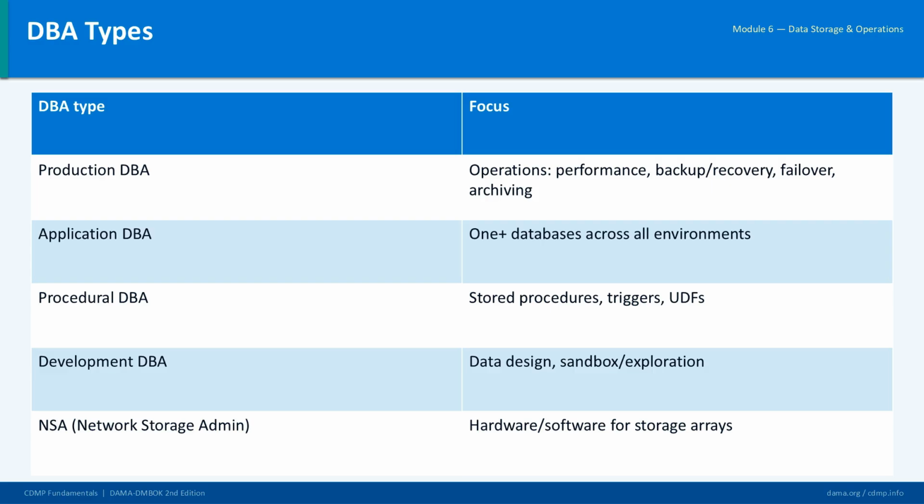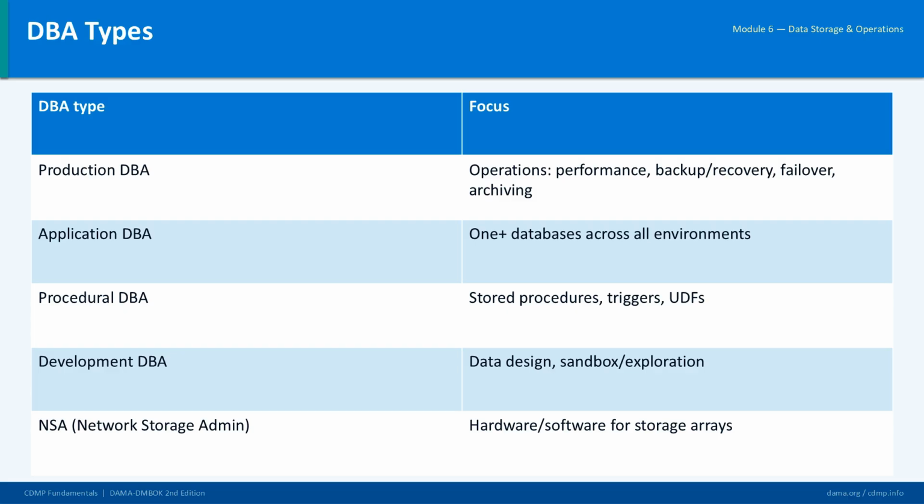The database administrator is described by the DMBOK as the most established and most widely adopted data professional role. There are several specializations. The production DBA handles operations, performance, backup and recovery, clustering and failover, archiving. The application DBA owns one or more databases across all environments, from development through production.